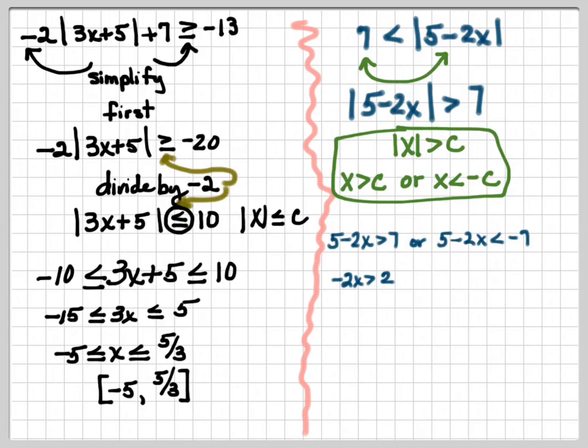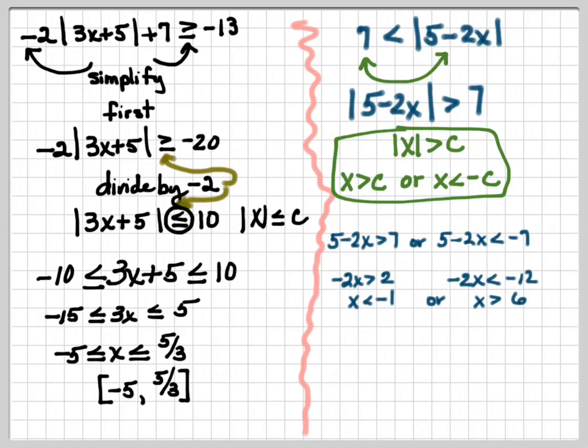So this means on the first one it's going to be negative 2x is greater than 2, which means x is less than negative 1 because I'm dividing both sides by negative 2, so I flip my sign around. Over here, if I subtract 5 from both sides, I have negative 2x is less than negative 12, which means x is greater than 6 because once again I am dividing by a negative number, which flips my sign around.